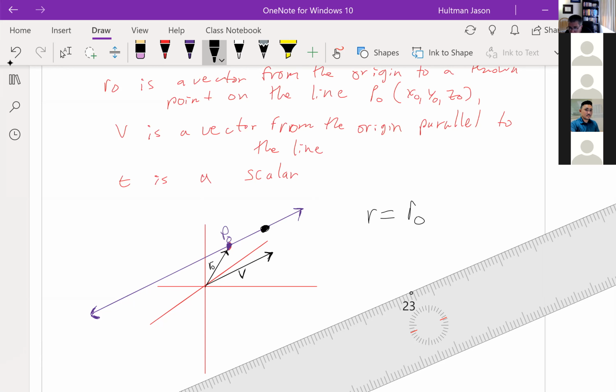Okay, 2 points define a line in 3 space. And here we're saying that these 2 points are going to be one vector that's going from the origin to a point, and then we want the vector parallel here.